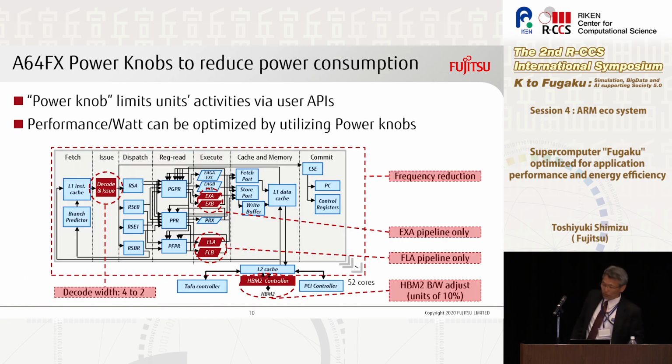This graph shows the power knob to reduce the power consumption. Some applications, or data-intensive applications, often do not utilize the logics or execution units fully. So in that case, we can reduce the activity of the execution unit.